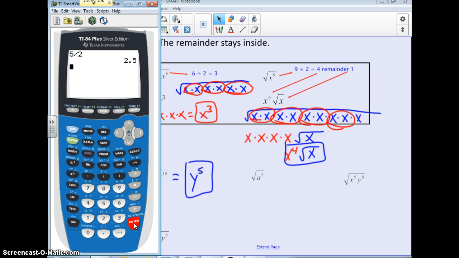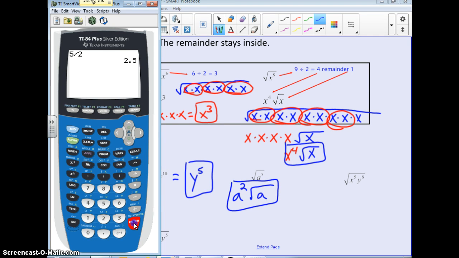So all we're going to do here is take out a squared, and because there's a decimal here, we'll leave an a inside. Okay? So because our answer was 2.5, we took out a 2, and then we left a variable inside.